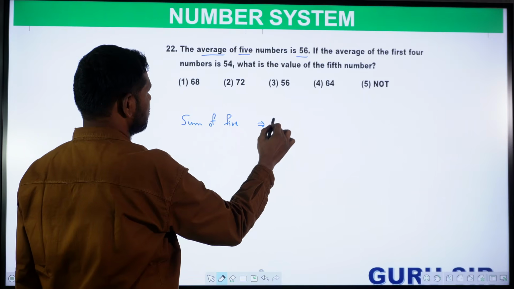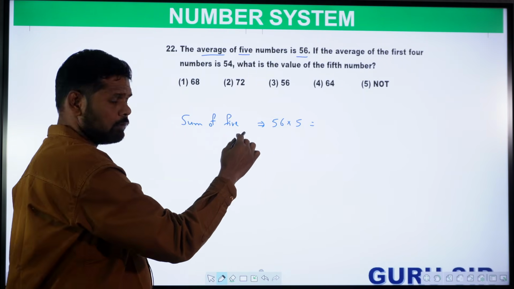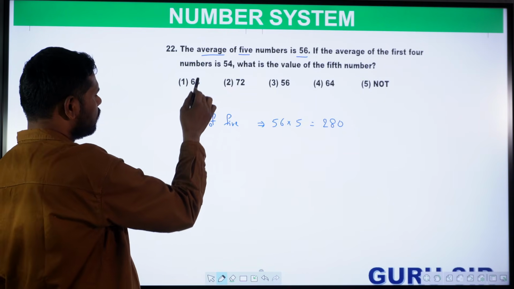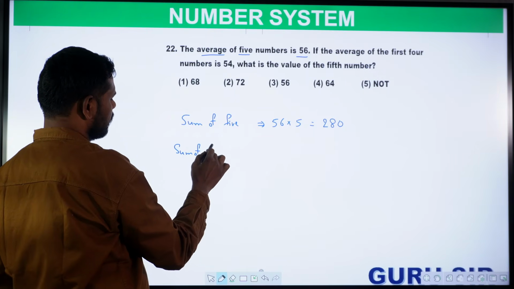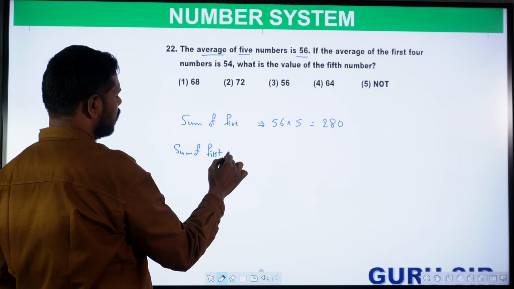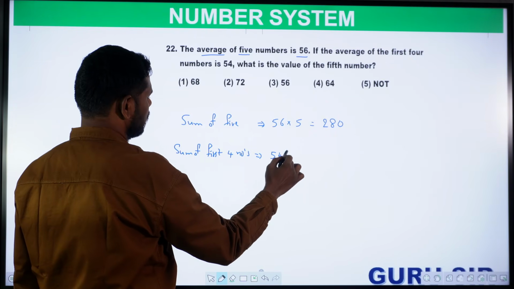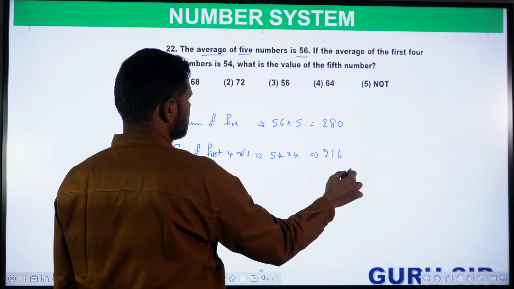Simple, sum of 5 numbers is that 56 into 5, 280. So sum of first 4 numbers is how much, means average is given as 54 into 4. So what is the value, means 216.